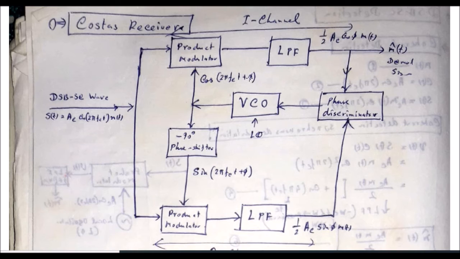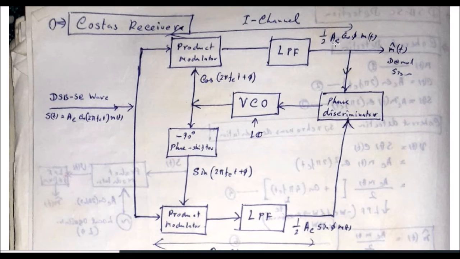That means I am considering that phi is there and it is time varying. In this product modulator I am multiplying the received DSBSC waveform with cos(2 pi fc t plus phi). After that, the product is passed through the low pass filter, and at the output you should obtain this one.